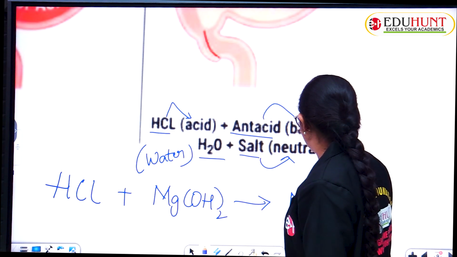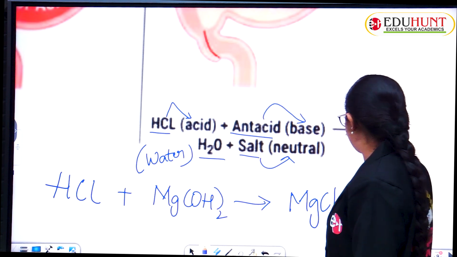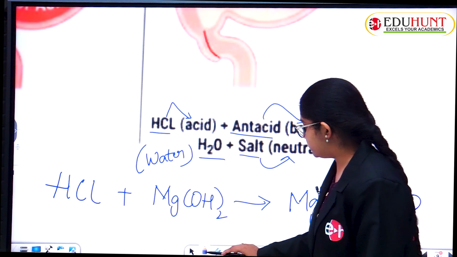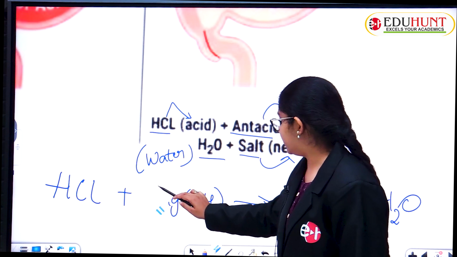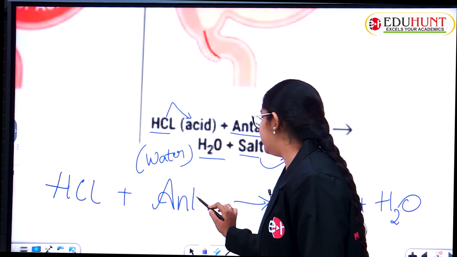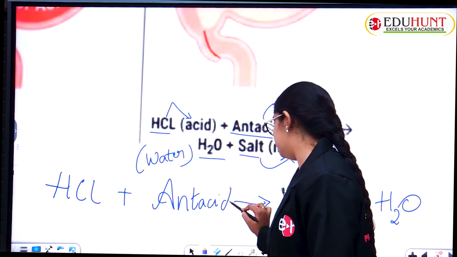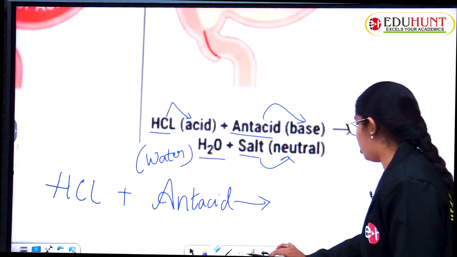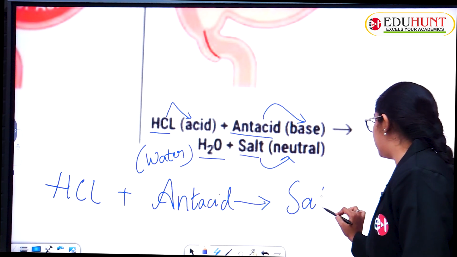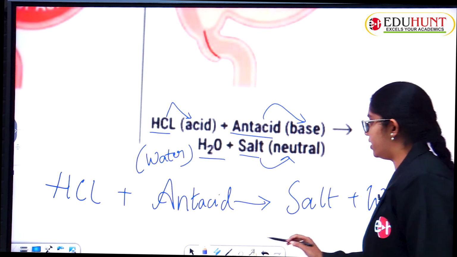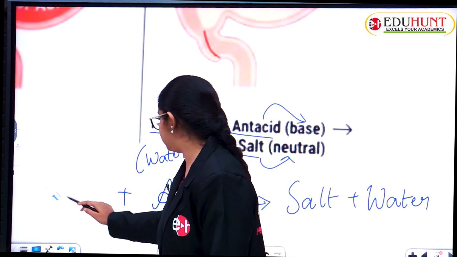We can write MgCl2 plus water. In place of magnesium hydroxide we can take any antacid that contains it. It forms salt and water.